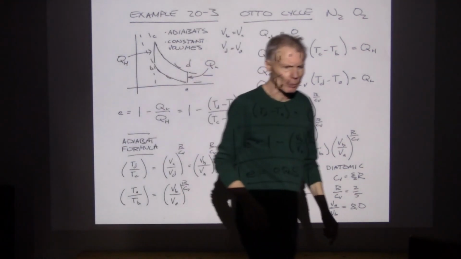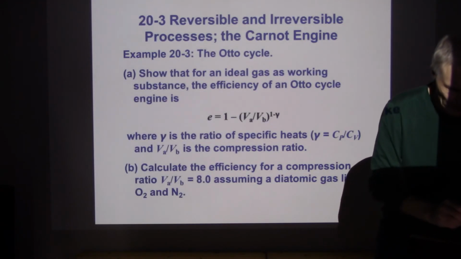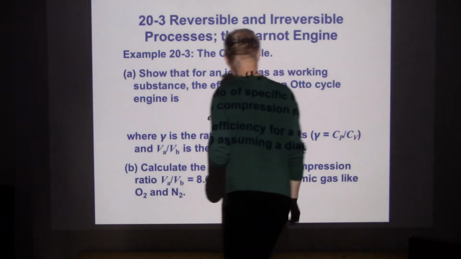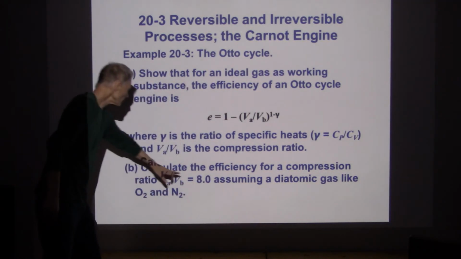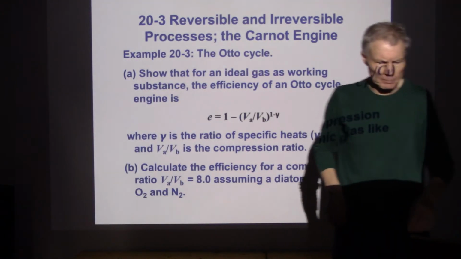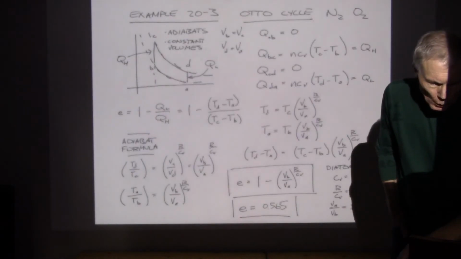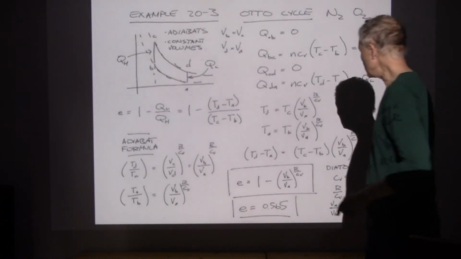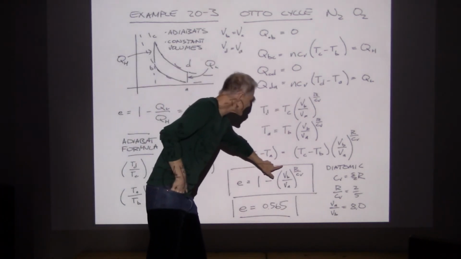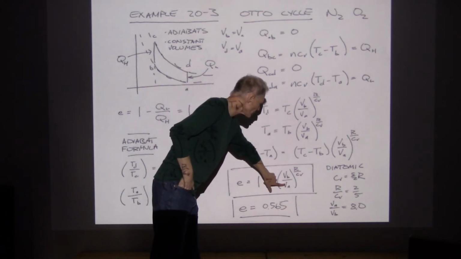And they gave us a number. Let me check this back. Yeah, so here they said derive the formula and then assume a compression ratio of 8. What would the efficiency of this engine be? So notice that this is the inverse of the compression ratio.